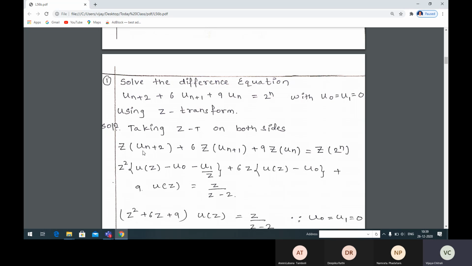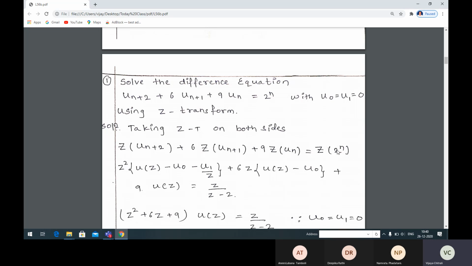Z transform of u suffix n plus 2 is Z square u of z minus Z square u naught minus z u1, plus 6 into Z transform of u suffix n plus 1, which is z into u of z minus z u naught, plus 9 Z transform of un, which is u of z. This is equal to z divided by z minus 2.